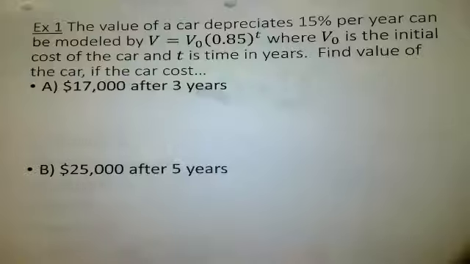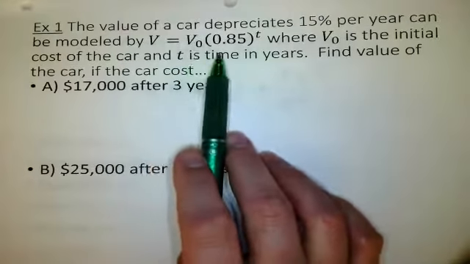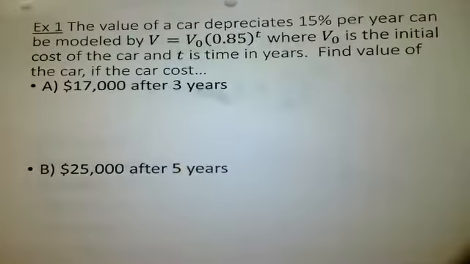V equals V sub 0 times 0.85 to the T power, where V sub 0 is the initial cost of the car. And T is time in years.